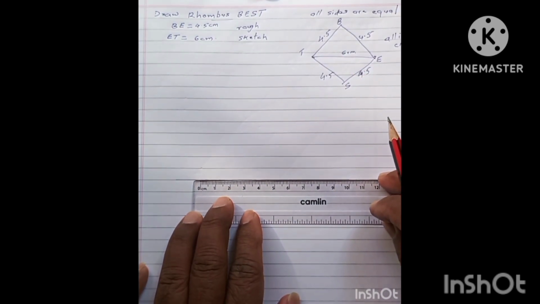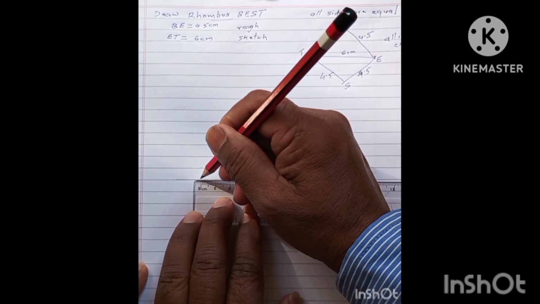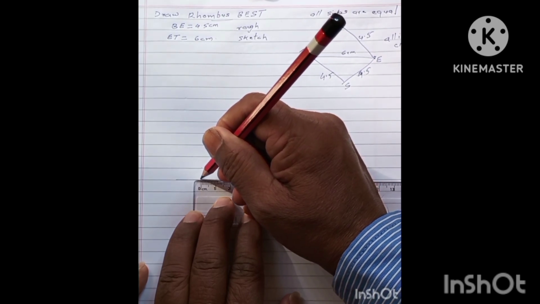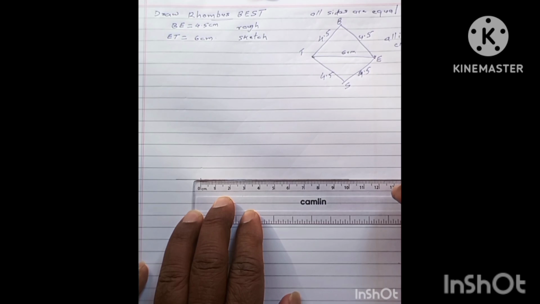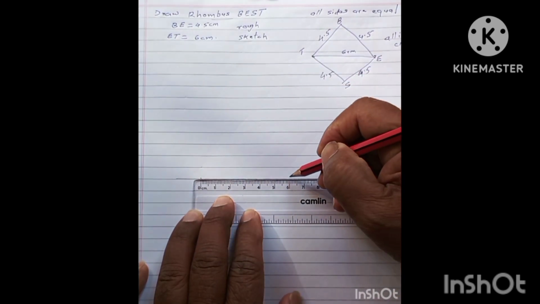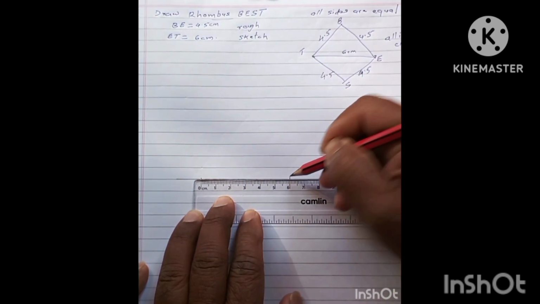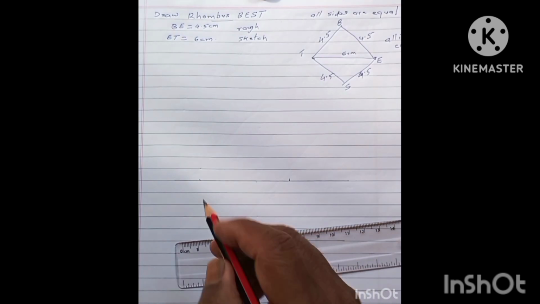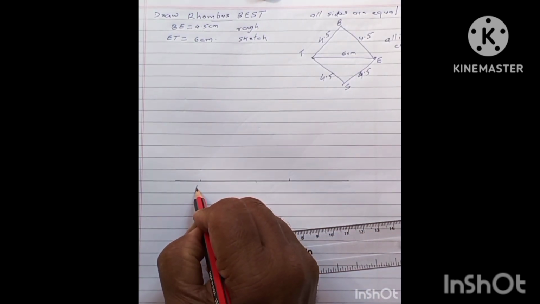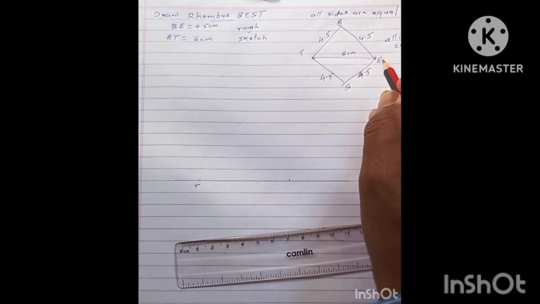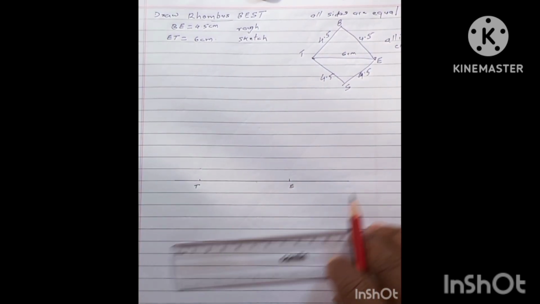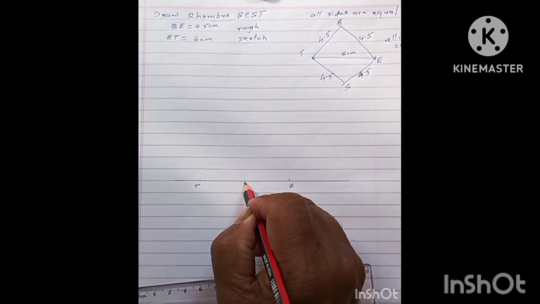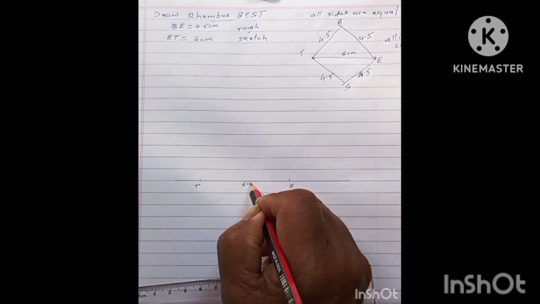Take a little away from the end of the line and draw 0 here, which is T, and then check first. Okay, that is E. It should be exact. This is T and this is E, and that measurement is 6 centimeters. So I am writing 6 here.